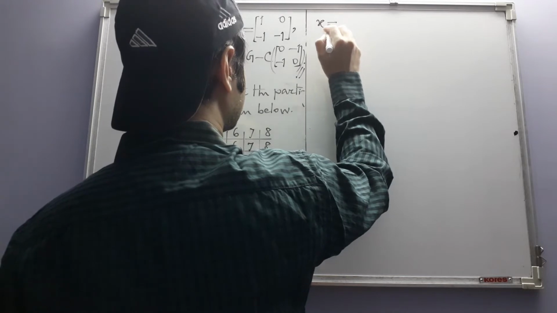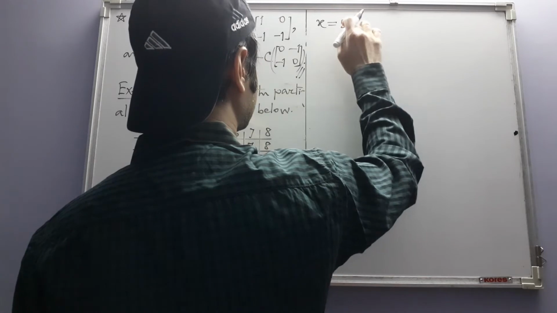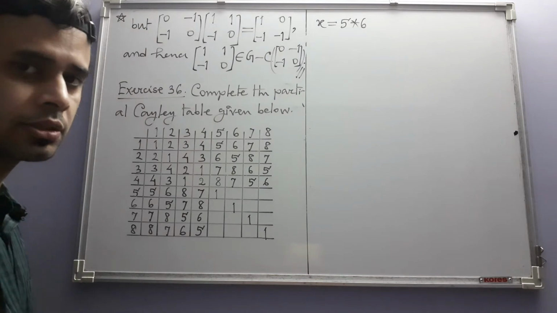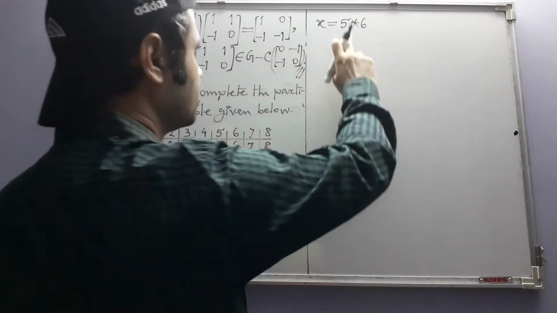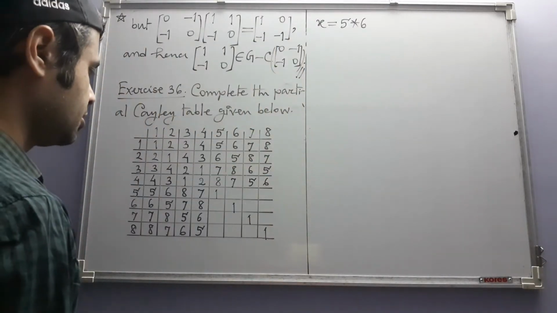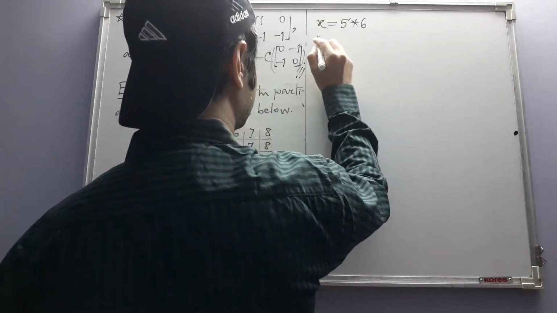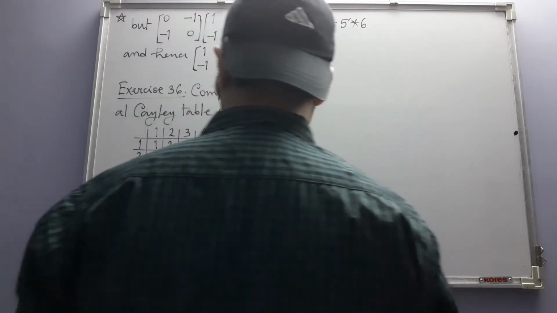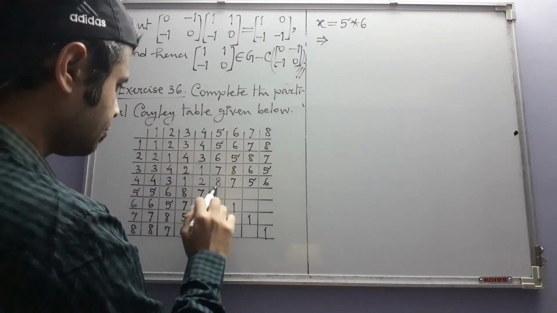To avoid confusion, let's just use one symbol for the binary operation. If we don't write anything, it looks like 56. So 5 star 6 is, say, x. Then 5 is equal to... now see one thing. 5 star 5 is 1.